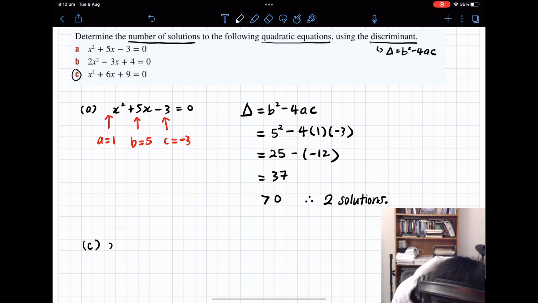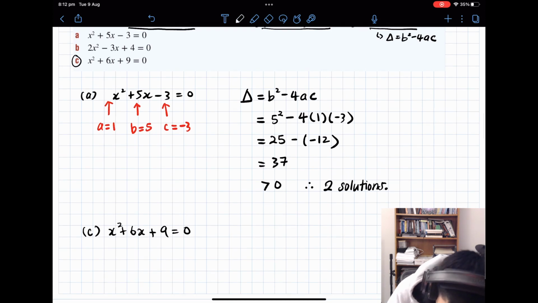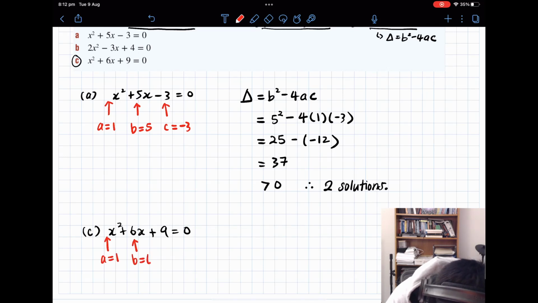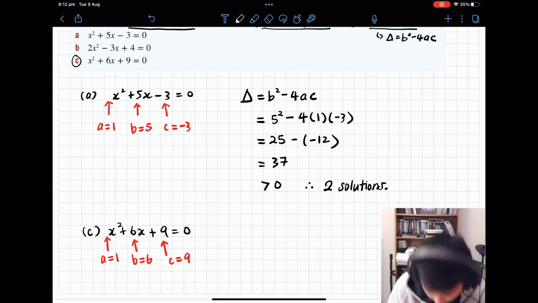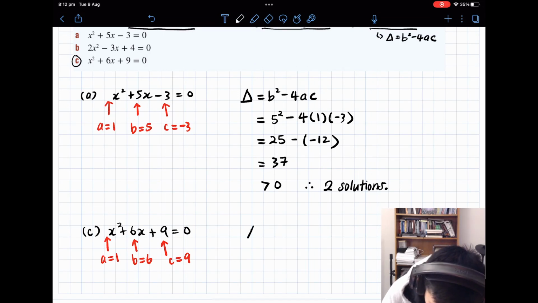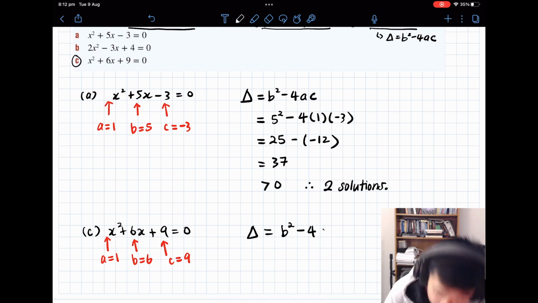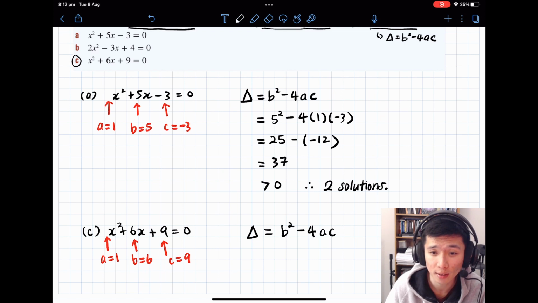x squared plus 6x plus 9 equals 0. Let's label what A, B, and C are. A is 1 in this case, B is 6, and C is 9. Remember, A, B, and C are just the numbers in front of x squared, x, and the number at the back. So again, let's write down what our discriminant is. It's b squared minus 4ac. And in case you're wondering, yes, you have to memorize that.